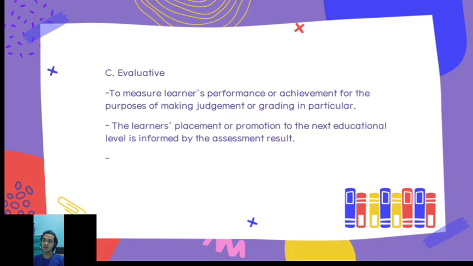The learner's placement or promotion to the next educational level is informed by the assessment results. So the assessment results will decide if the learners will have remediation or have to retake the lessons. So it's either the learners will move on or will stay in the lessons that they have, based on the assessment result.